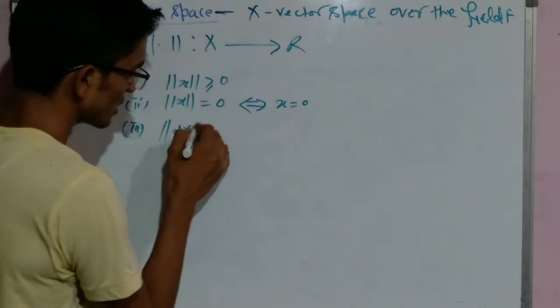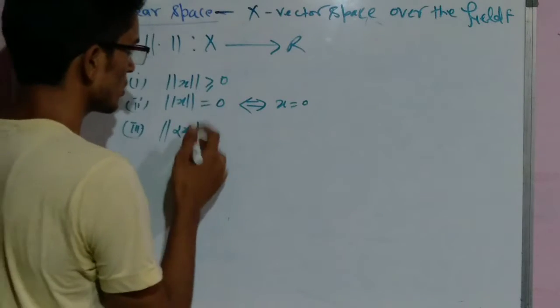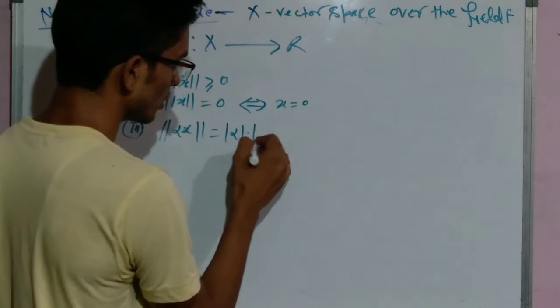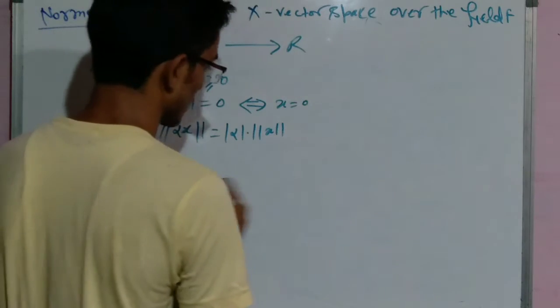Third, norm of alpha x equals mod alpha times norm of x.